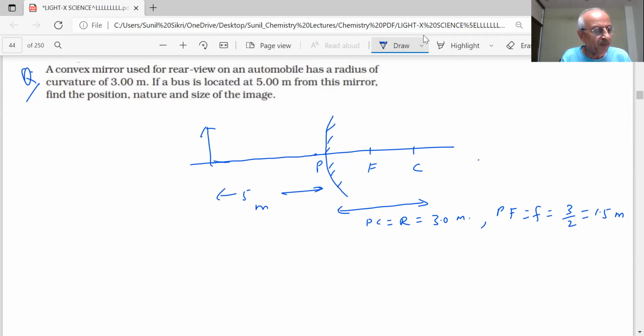The object is at 5 meters from this mirror. Find the position, nature, and size of the image, student.